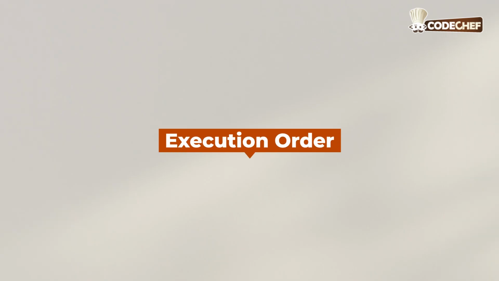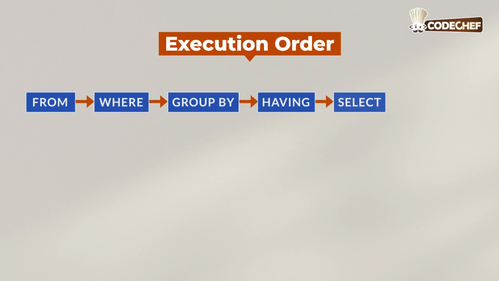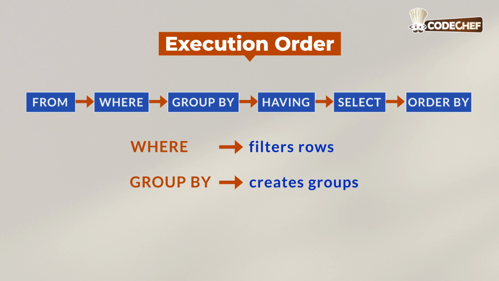So here we have the execution order of commands: we first use from, then where clause, then group by, then having, then select, and then order by. Where is used to filter rows, group by is used to create groups, and having is used to filter those groups by imposing some conditions.